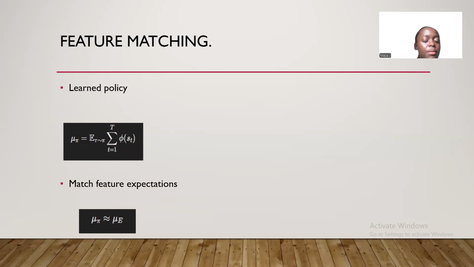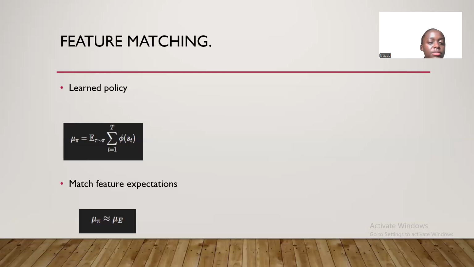And pi is the policy, as we have seen. And phi(S_t) just keeps on adding the different states from S1 up to T. So the last step is you match feature expectations.